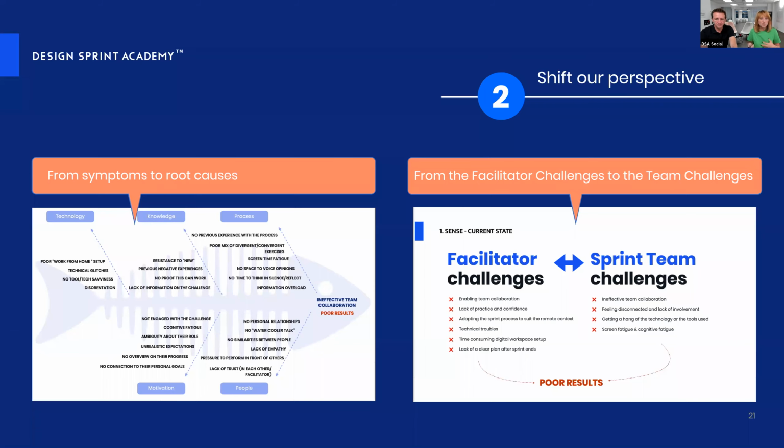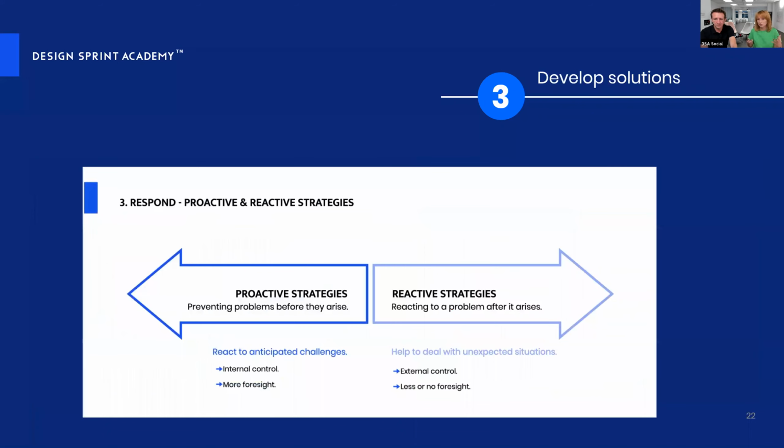Now, with this shift in perspective, we were ready to develop some solutions and see how we were going to bring some light into the mess. And as you probably know, there are two things you can do. You can deploy proactive strategies that help you prevent problems before they arise, or you can deploy reactive strategies, which means reacting to a problem after it occurs or in the moment.